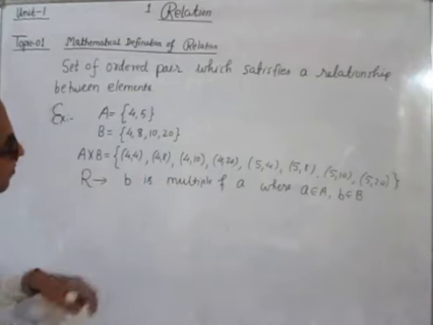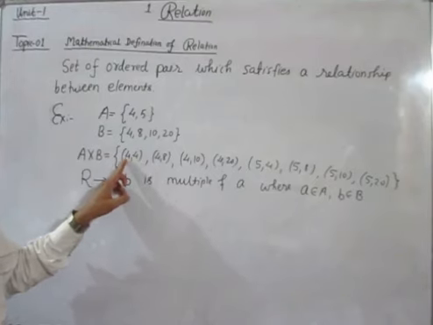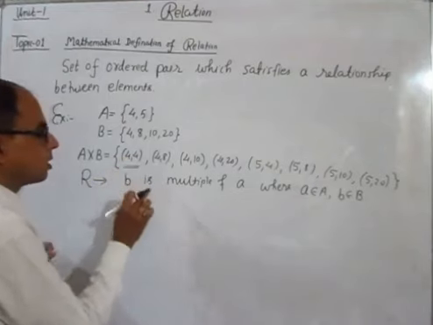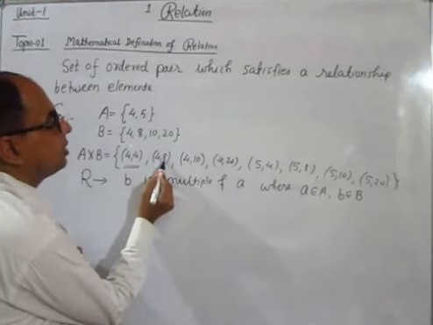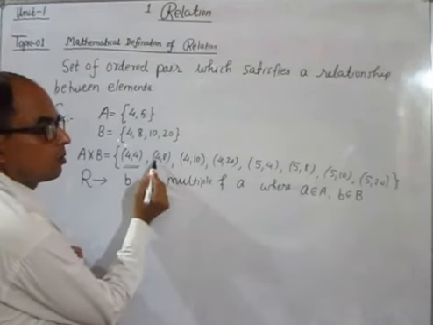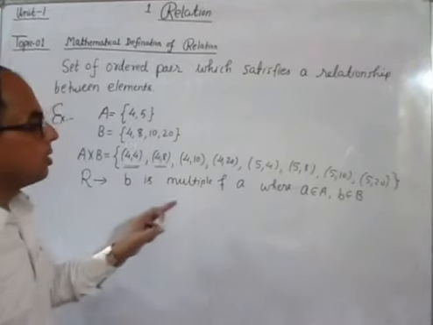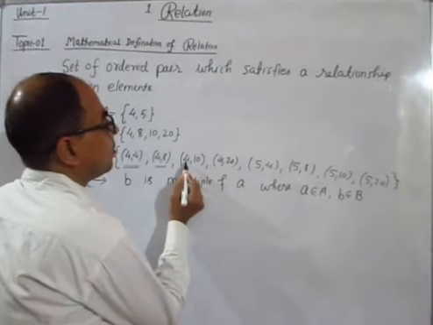So here the second element 4 is a multiple of this first element 4, 4 into 1 is 4. So we can say that this ordered pair satisfies this relation. Now here the second element 8 is a multiple of 4, 4 into 2 equal to 8. So this also satisfies this relationship. Now 10 is not a multiple of 4.